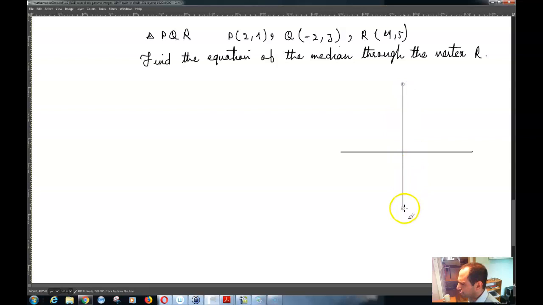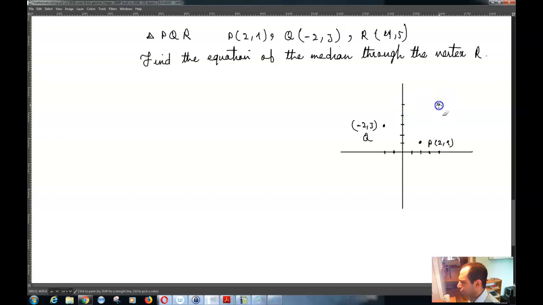So now if you draw your triangle over here, (2, 1) is going to be this point over here, and this is point P. The other point is (-2, 3), which is this point over here, point Q, and point R is (4, 5). So 1, 2, 3, 4, and 5.